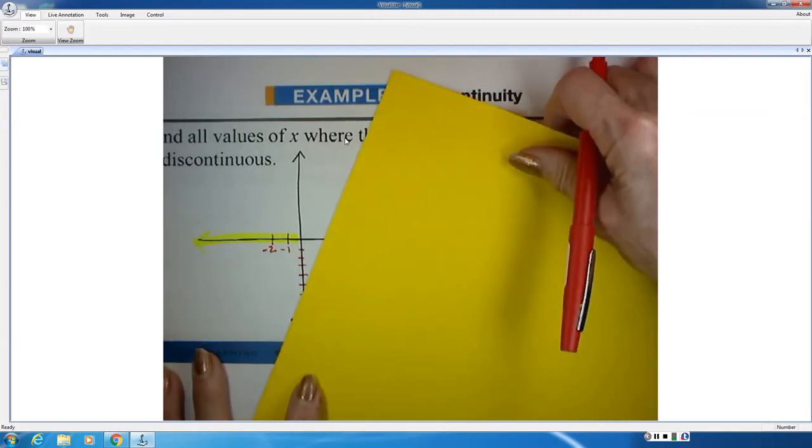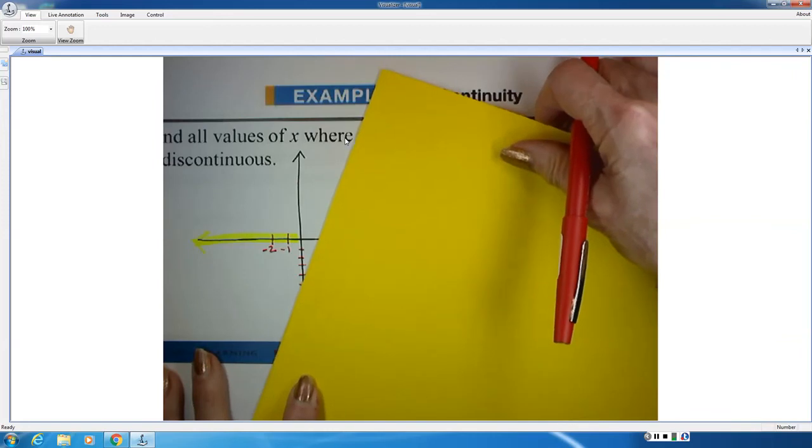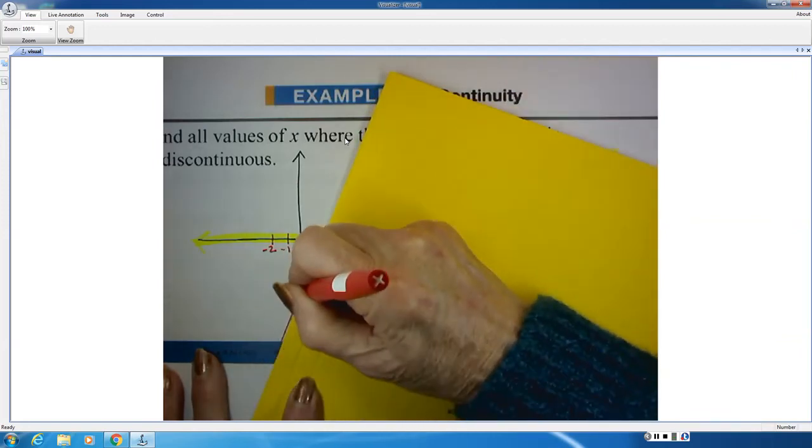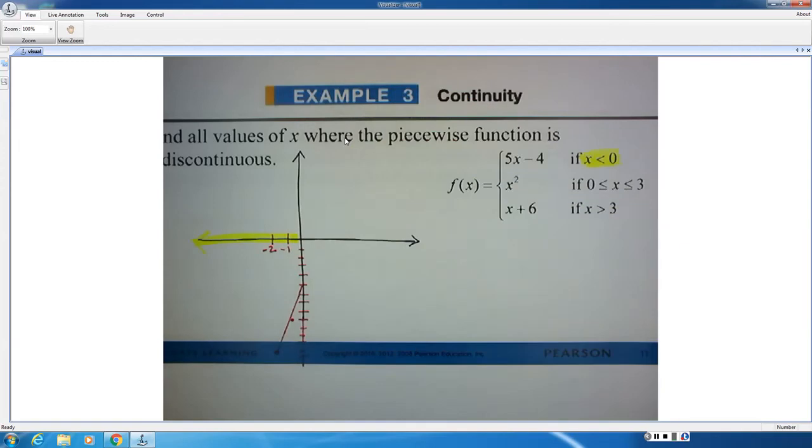My graph's not to scale, so you're going to have to bear with me here. So it's a straight line. But then when x is between 0 and 3, it changes rules.